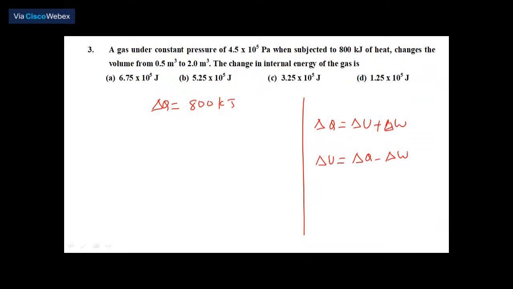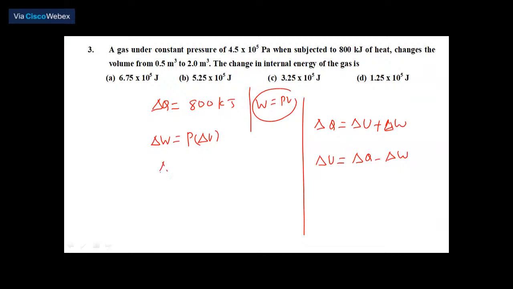Delta W we have to find out. How do you find out delta W? Delta W is equal to P into delta V, because we have W is equal to P into V. Pressure into volume gives us work done. So delta W is equal to P into delta V, right?